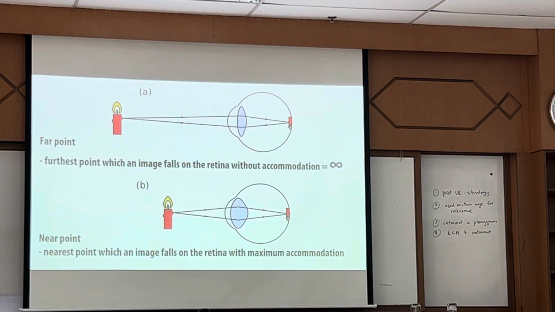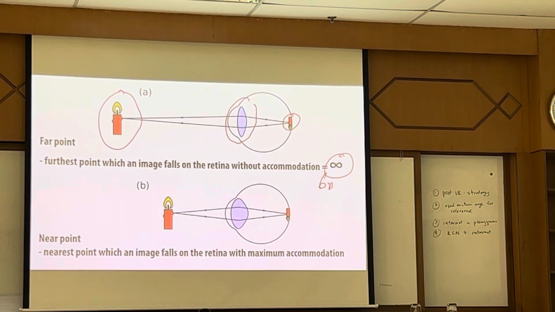So this is an image that can illustrate my point. The far point is the furthest point at which the image falls on the retina without any accommodation. We can see here the lens is not accommodating at all, so the image falls exactly on the fovea. This is infinity; in our case, 6 meters.